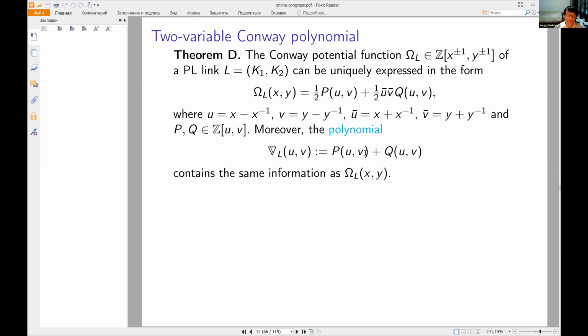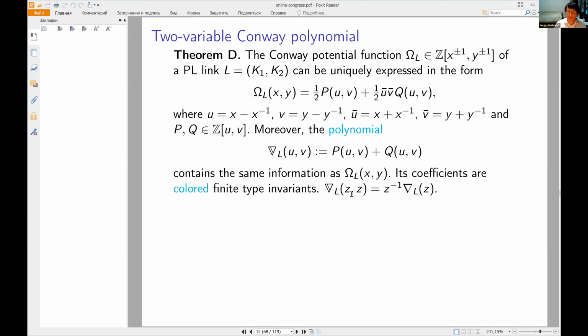And U and V are sort of Conway variables, so you can call it a two-variable Conway polynomial. Its coefficients are no longer finite type invariants, but they are colored finite type invariants because Conway's first relation translates well into these terms, and it is going to tell you precisely that.